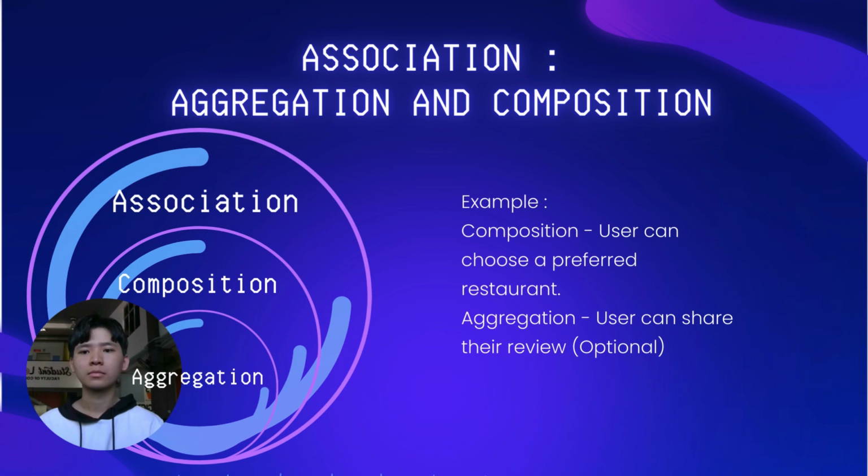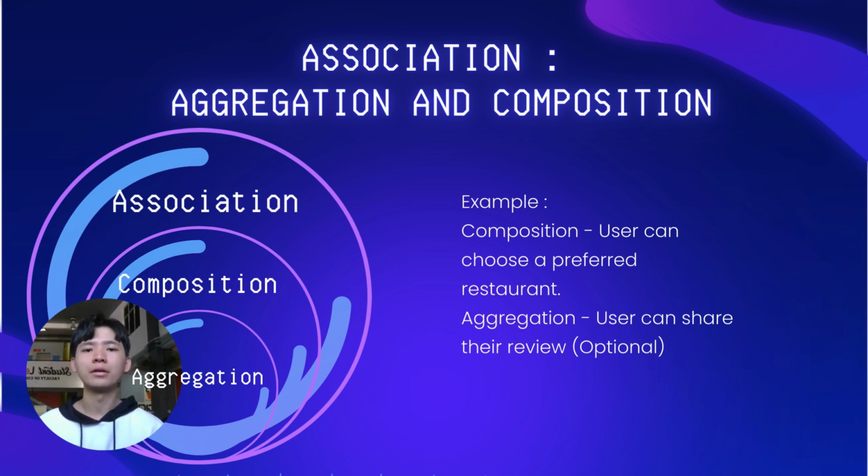We will also use the association, aggregation, and composition. For example, aggregation and composition are the connection between two classes. But for composition, the child cannot exist without the parent. For aggregation, the child can exist independently of the parent.